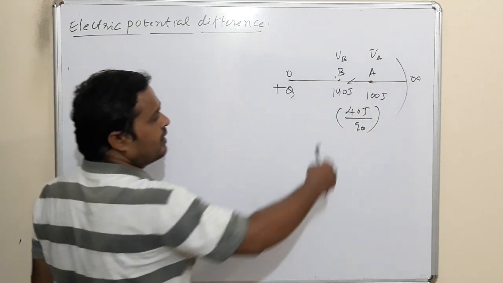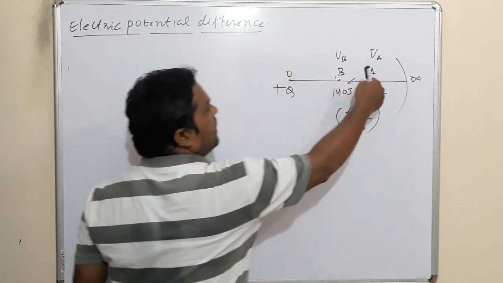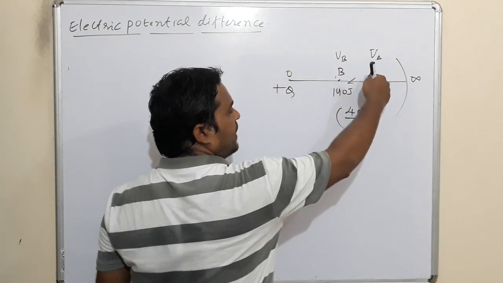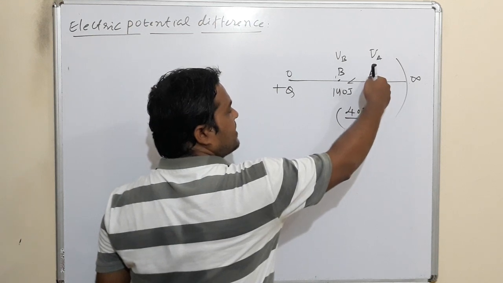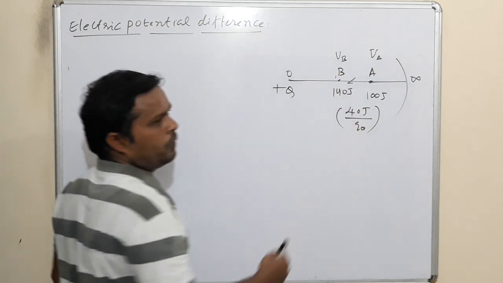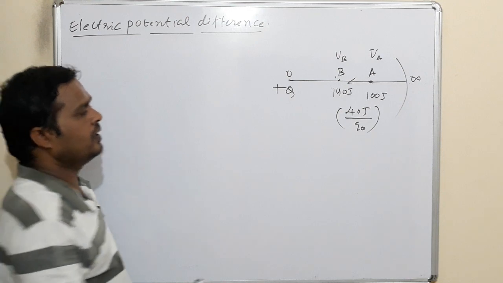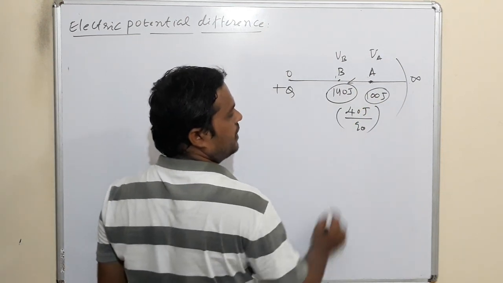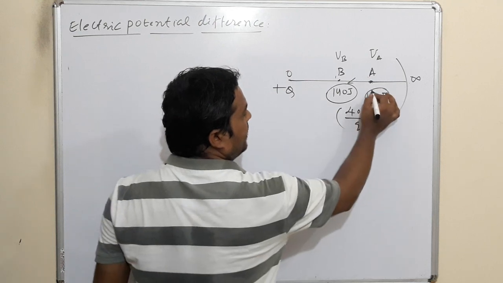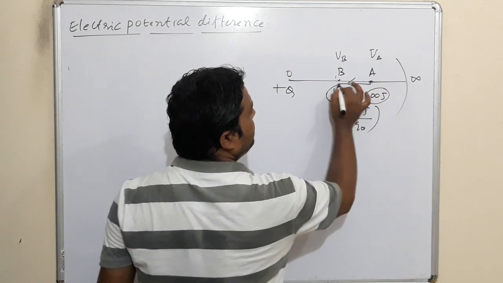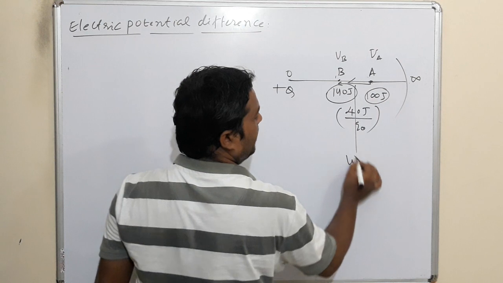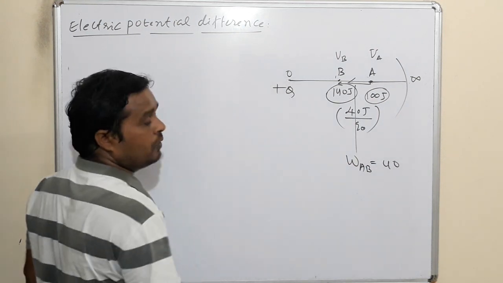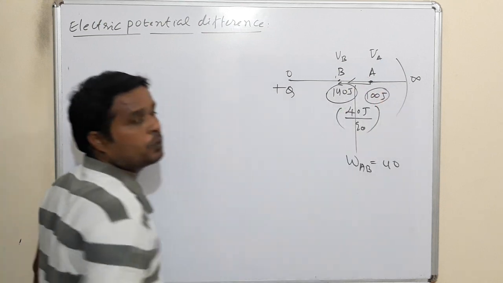That means the potential difference between the 2 points is defined as the amount of work done in bringing a charge from one point to another point, where both have potentials. This has potential 100, this has potential 140 per unit charge. So the work done in bringing the charge from A to B is 40 joules, which is nothing but the difference in the potential of the 2 points.